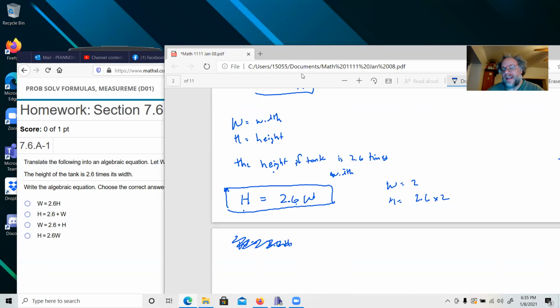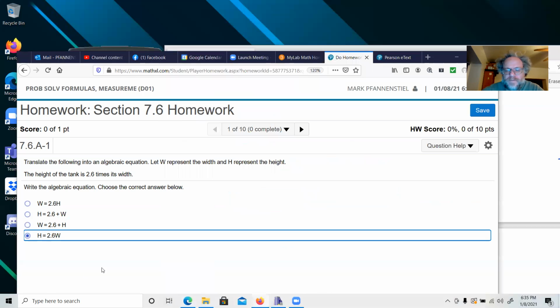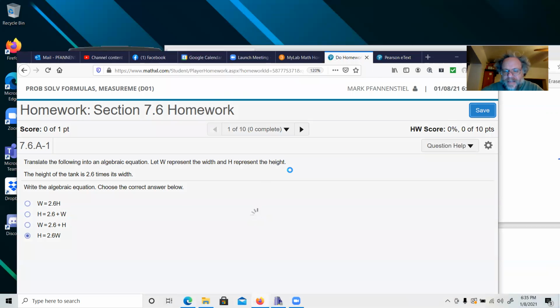That's exactly what this is saying. If it helps you to put a number in, 2.6 times 2 is 5.2. If it makes sense to you to go through the operation with a number, then that's okay. So we're saying H is equal to 2.6 W's. So there we go. They're not the easiest problems.